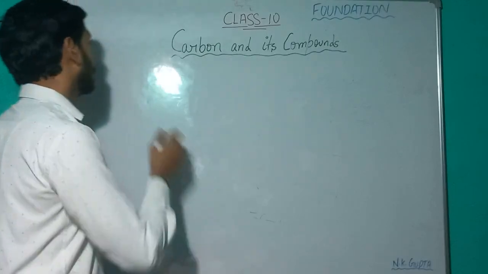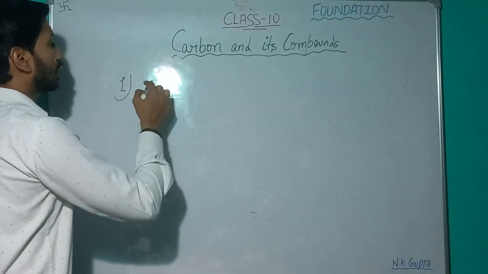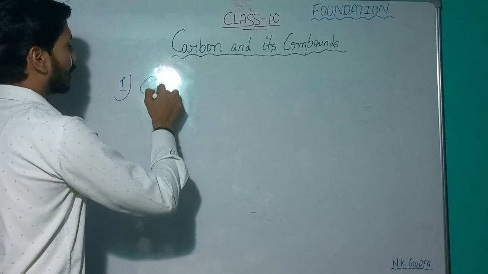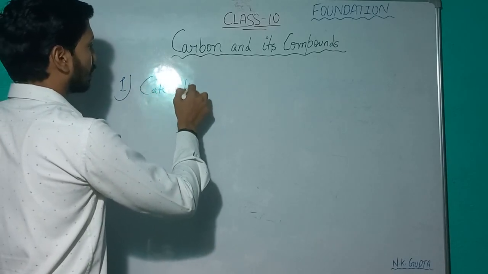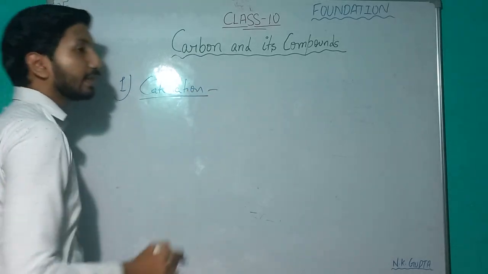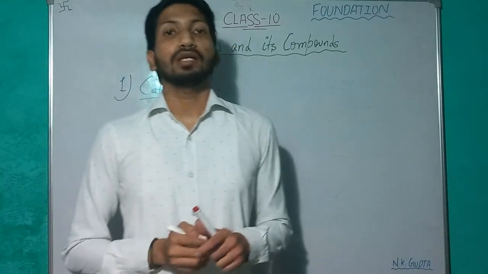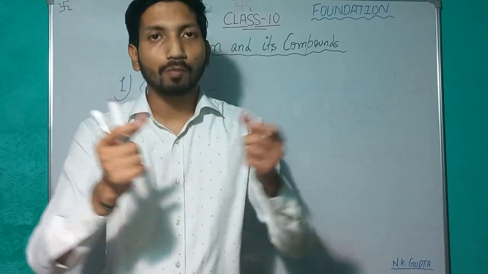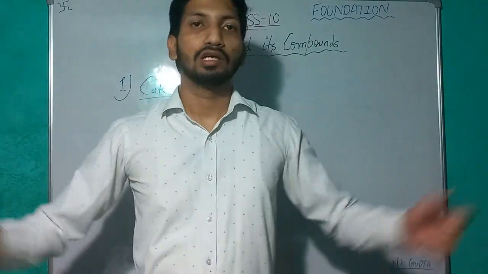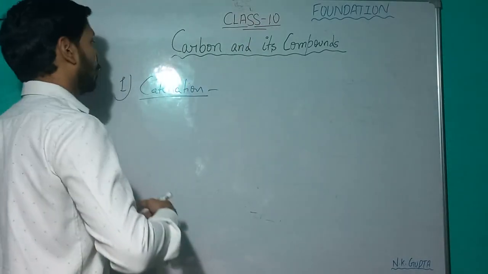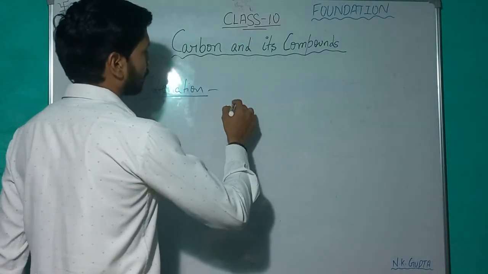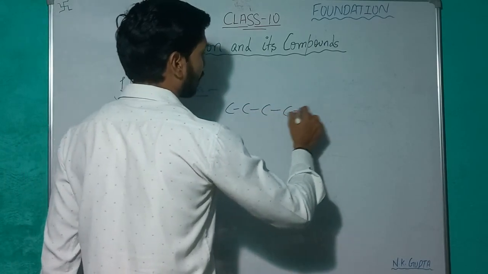Carbon has a special property that is known as catenation. Catenation means carbon has the tendency to form long carbon chains to form different compounds, just like these.